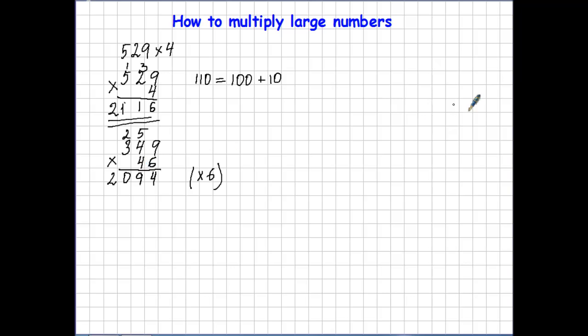Now we need to multiply by 40. Multiplying by 40 is not that difficult. We can multiply first by 10 and then by 4. Multiplying by 10 gives us a number that ends in 0. So we write 0 here. And multiplying by 4 is going to be the same as it was in the previous example. 9 times 4 is 36.